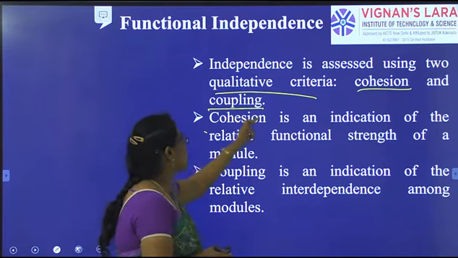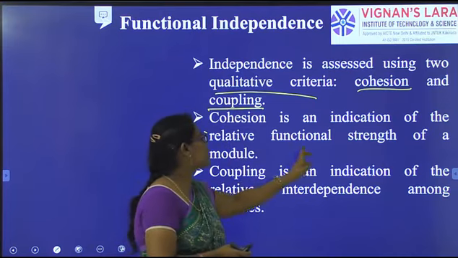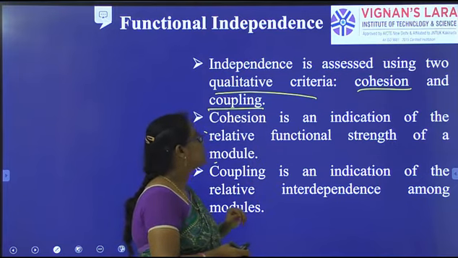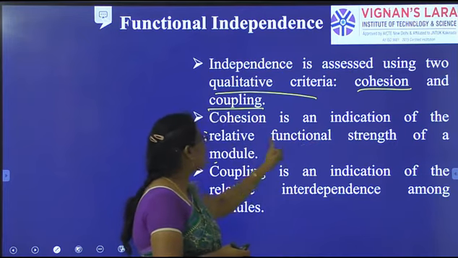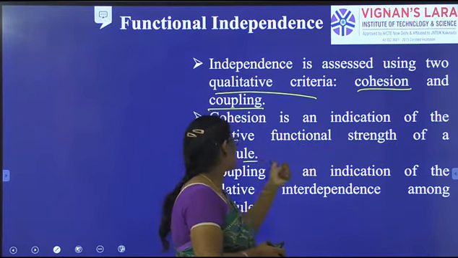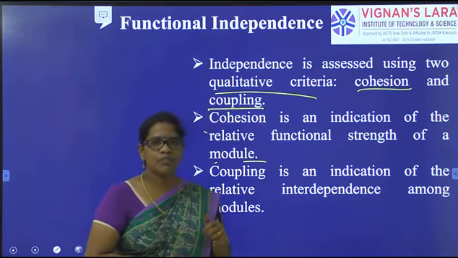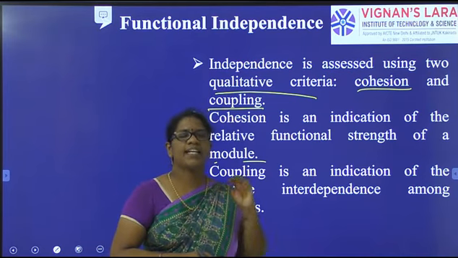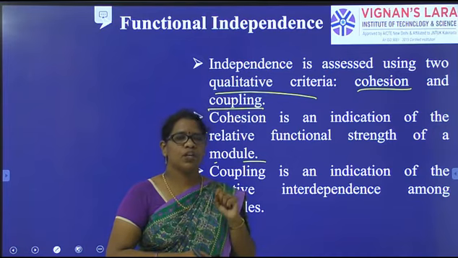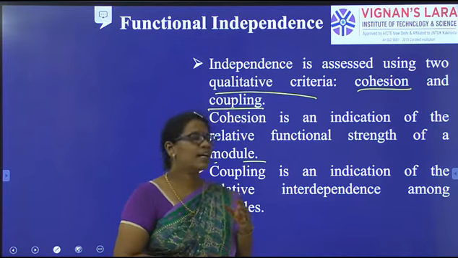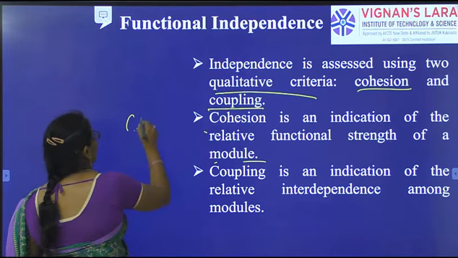Cohesion is an indication of the relative functional strength of a module. In the module, which function plays an important role? For example, people will use some class, say class Add.